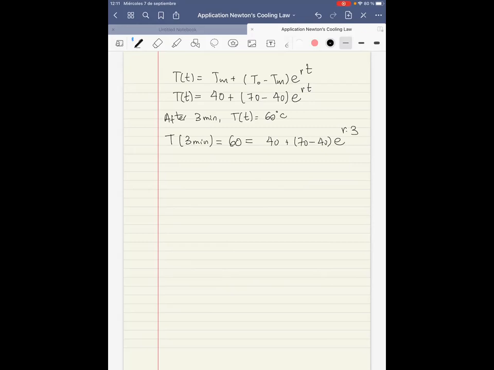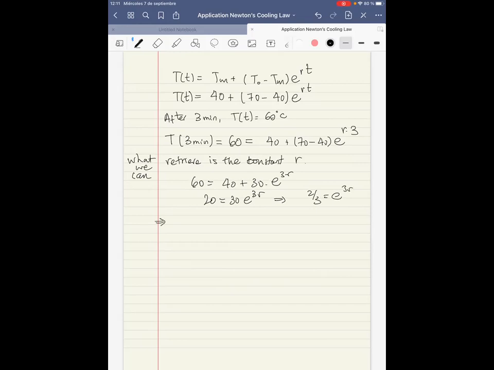So here, what we can retrieve is the constant R. So 60 is 40 plus 30 times e to the 3R. That means 20 is 30 times e to the 3R, and from here we have 2/3 is e to the 3R.